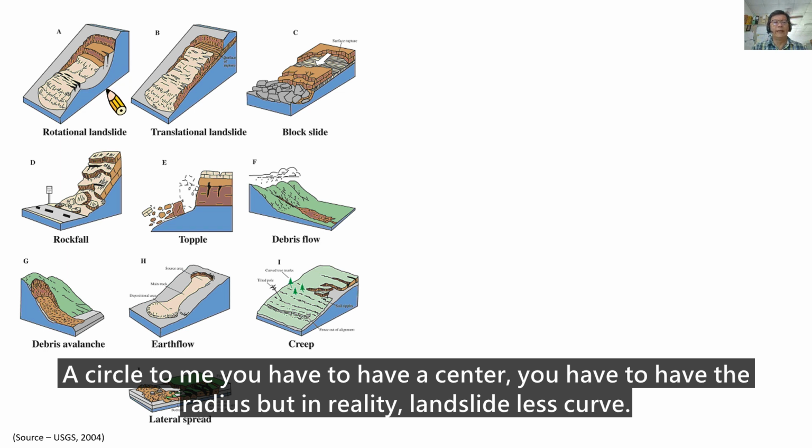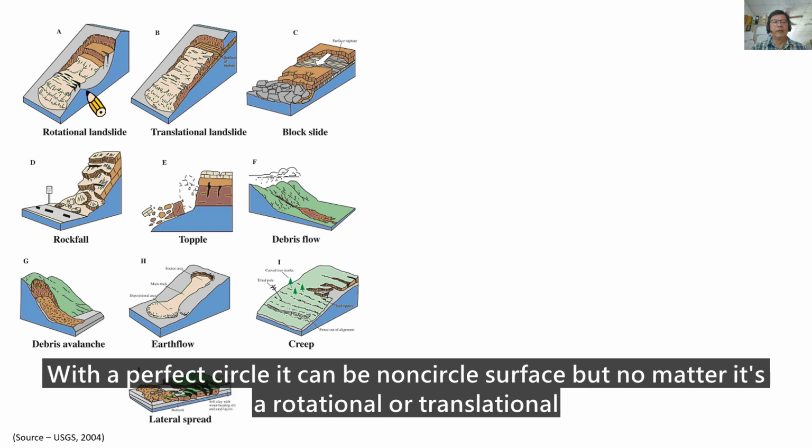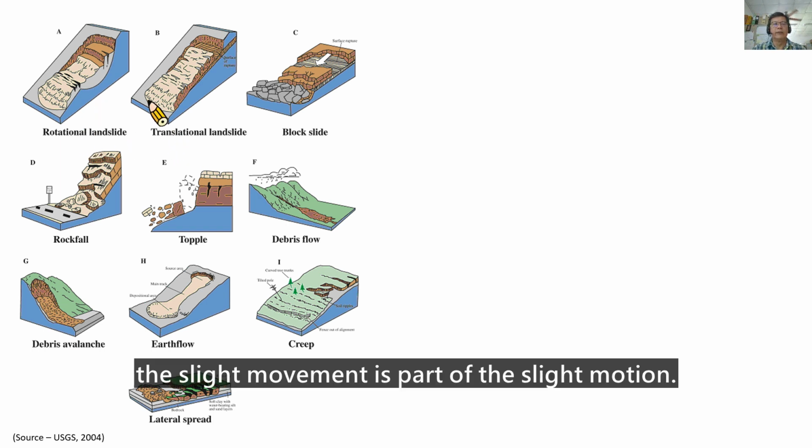But in reality, a landslide is less a curve with a perfect circle. It can be a non-circular surface. But no matter if it is rotational or translational, the slide movement is part of the slide motion.